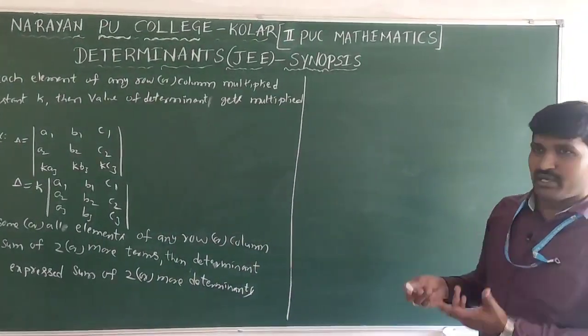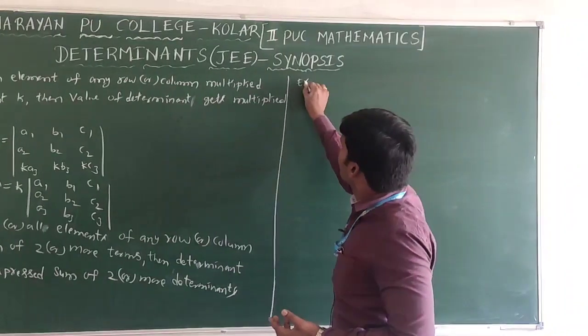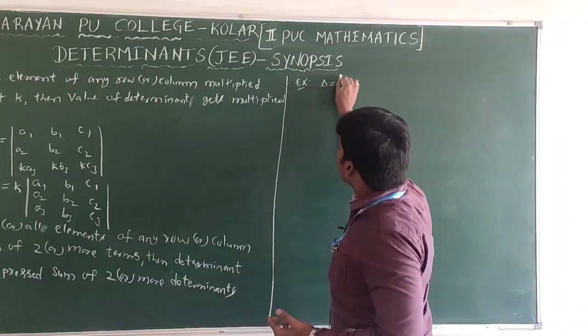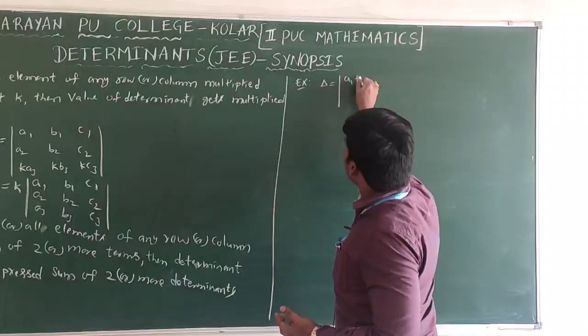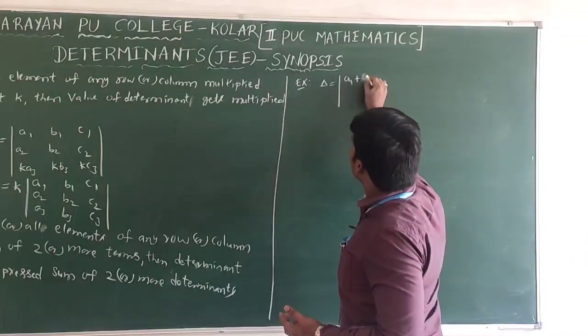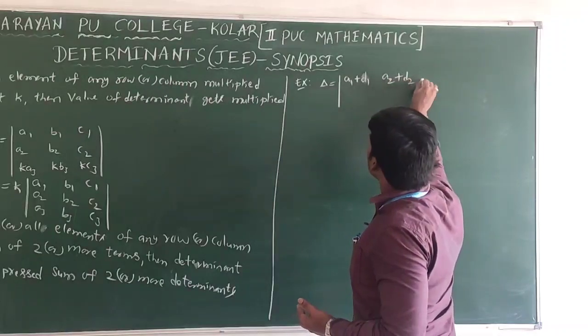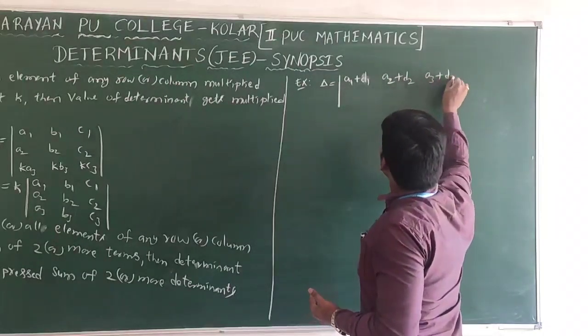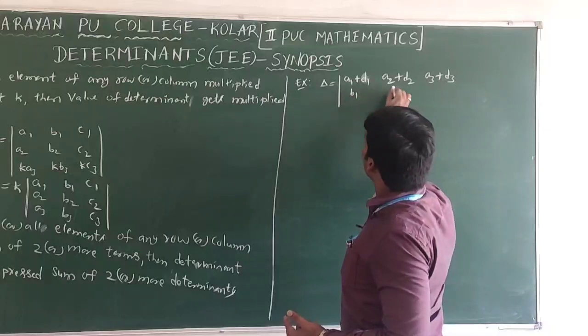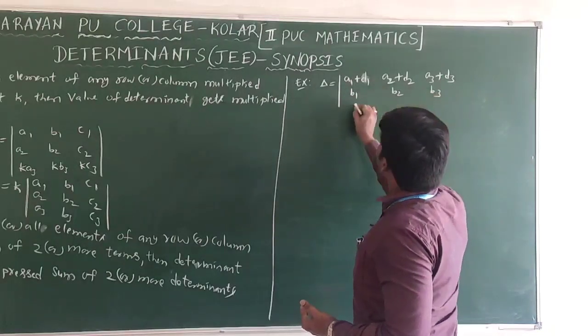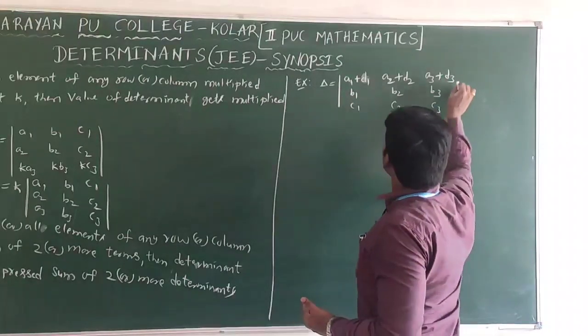For example, the delta determinant is given like this: A1 plus D1, A2 plus D2, A3 plus D3, then B1, B2, B3, C1, C2, C3.